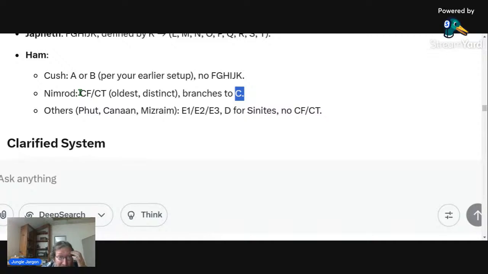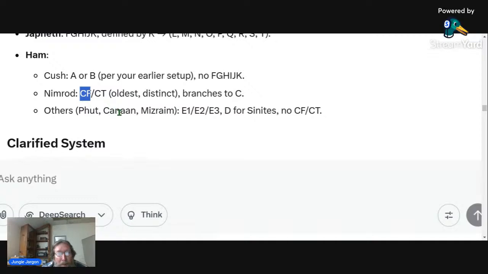That's what Nimrod and everybody outside of Nimrod's family has. In other words, Nimrod, the oldest son of Cush, has a marker that he shares with the rest of the world that his younger brothers and cousins do not have, because they're younger brothers and cousins.